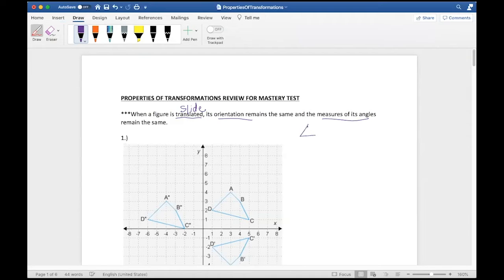So for example, if I have a triangle, let's say it's triangle ABC, and I slide or move that triangle, its orientation, so the direction that it is, stays the same. It didn't turn at all, and all of the angles remain the same. So that's just something to remember when a figure is translated.